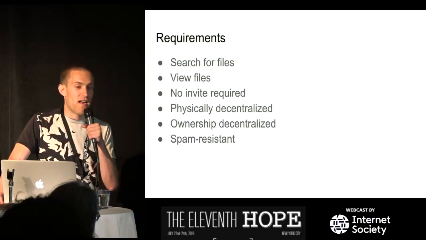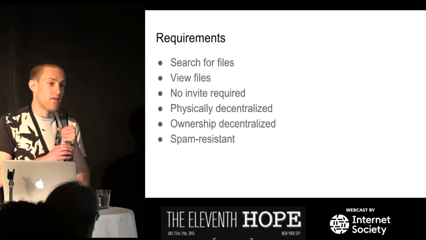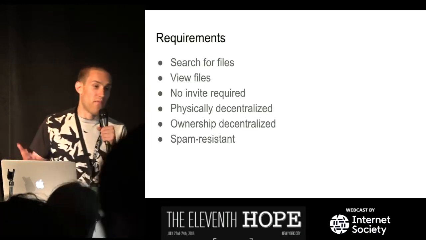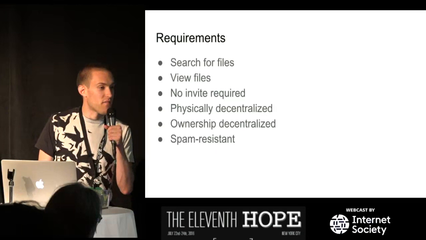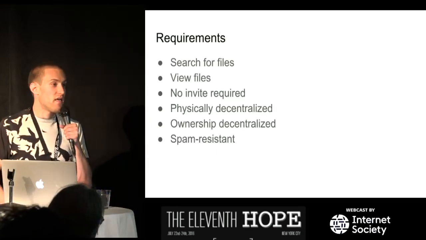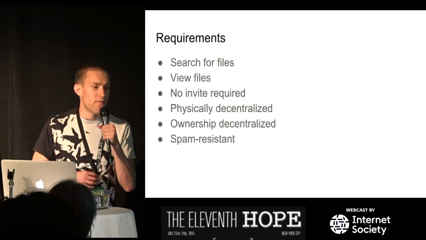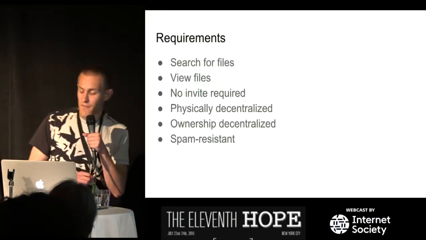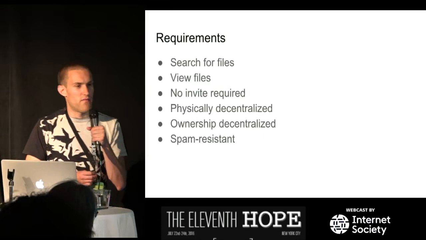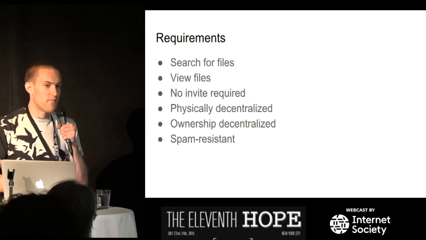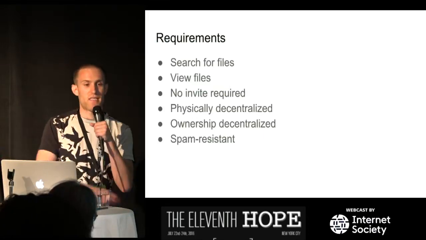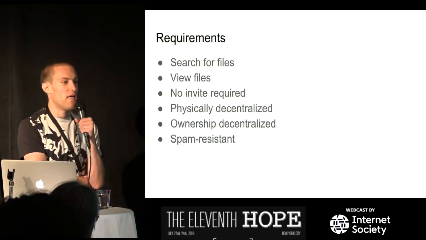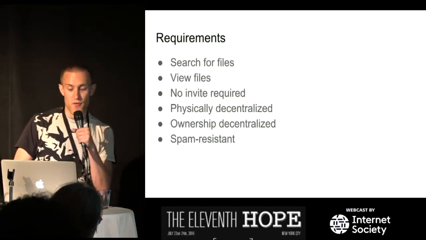Anybody can sign up for an identity, and there's no way for me to prevent people from signing up for identities. And even if you can take out one identity, the network keeps on working pretty well. And finally, Exandria is spam resistant because you need to pay money to sign up for an identity, so spamming the network is too expensive.